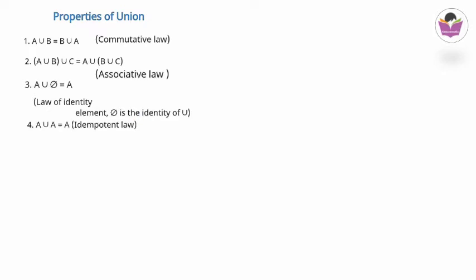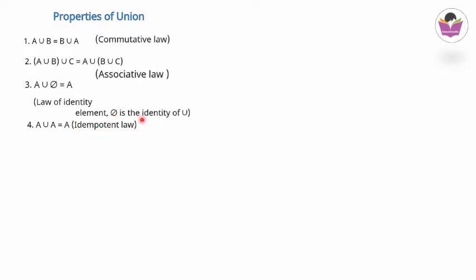The next is A union A is equal to A. This is called the idempotent law. If you are taking the union of two same sets, we will get the same set only. Because when you are writing the elements together, we write an element only one time, even if it is repeating two times. Since it is written only one time, we get the same set A. So this is called the idempotent law.